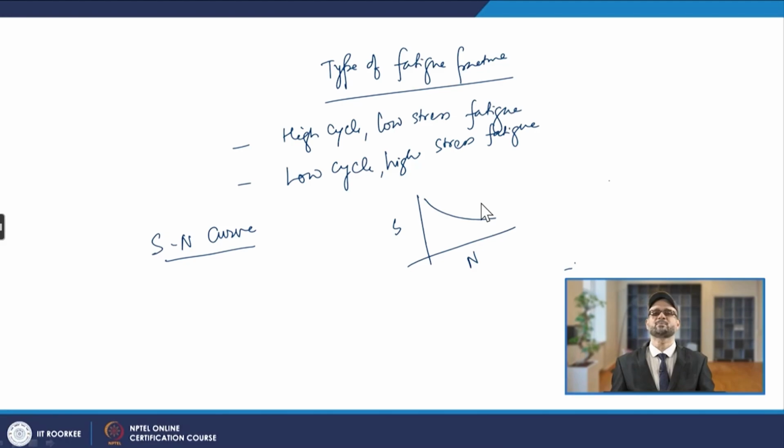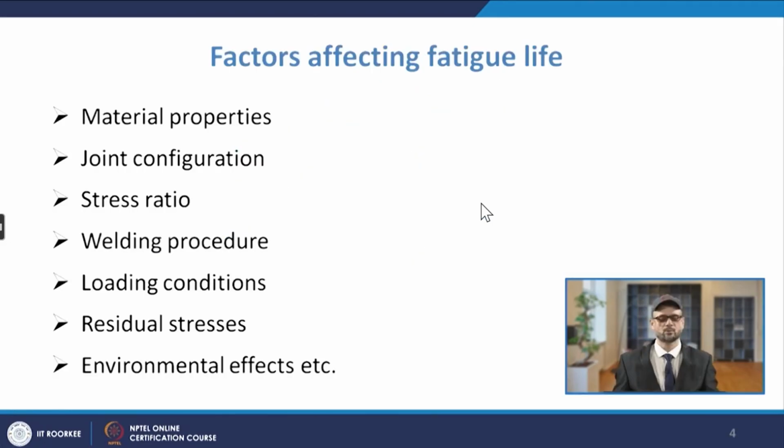If we apply a low stress value but a huge number of cycles and then failure occurs, that is called high cycle low stress fatigue. And if I apply high stress but the number of cycles is low, and then the failure happens, it is called low cycle high stress fatigue.